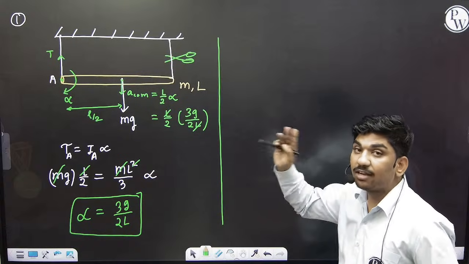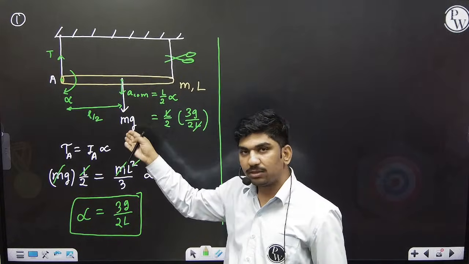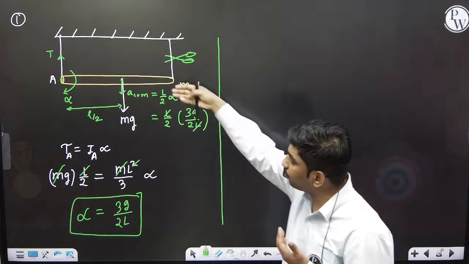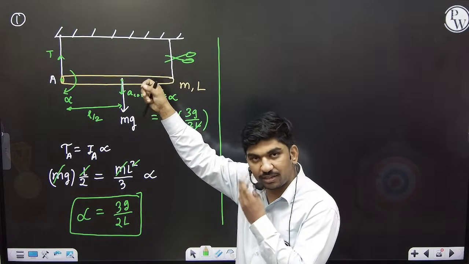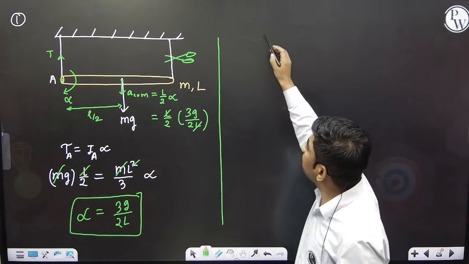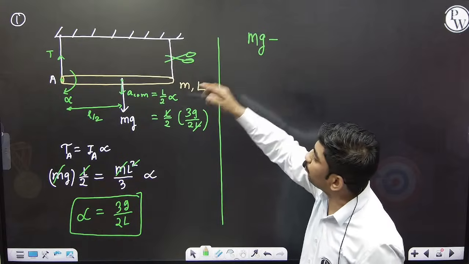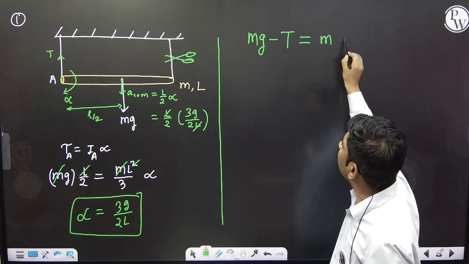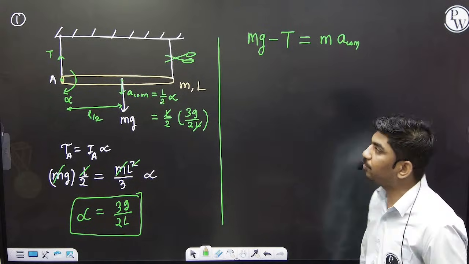Now let us think about the force equation at this moment. What are the forces acting down? mg. What is the force acting upward? T. So due to this net force, the COM at this instant is going to go down. So let us write the force balance. Downward force mg minus upward force tension T will be equal to the mass of the rod m into a_COM, which is nothing but 3g by 4, as we have learned.